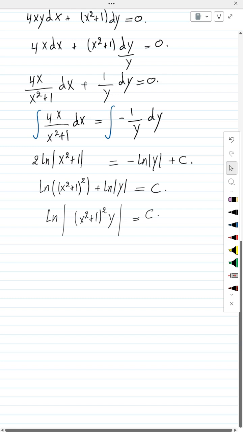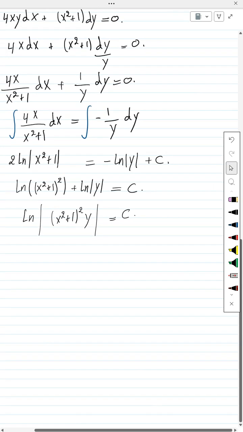By using the exponential function, we will get (x squared plus 1) all squared times y, in absolute value, is equal to exponential c, which is going to be a lambda or some parameter, since it is a real variable, this belongs to R plus.